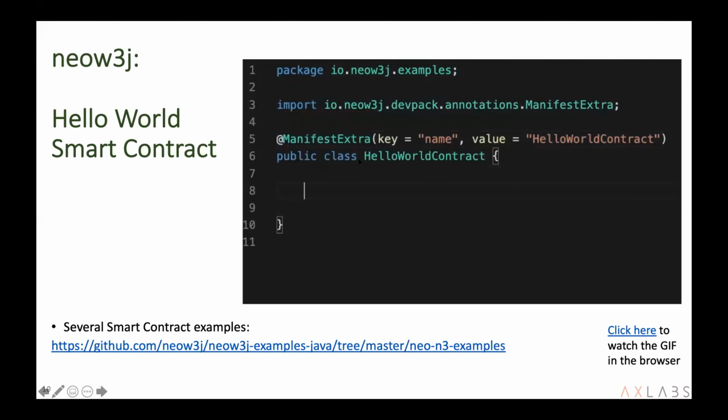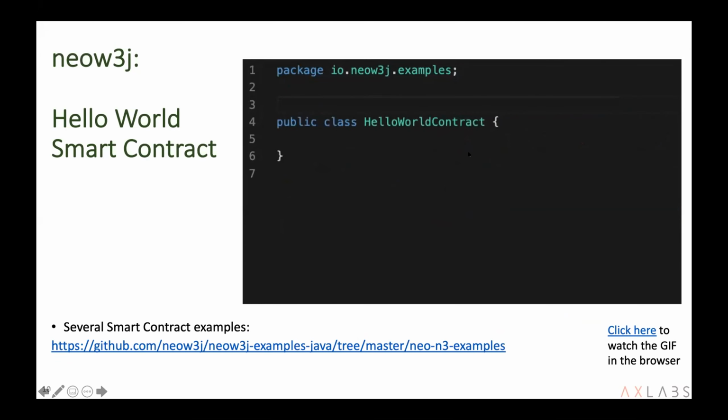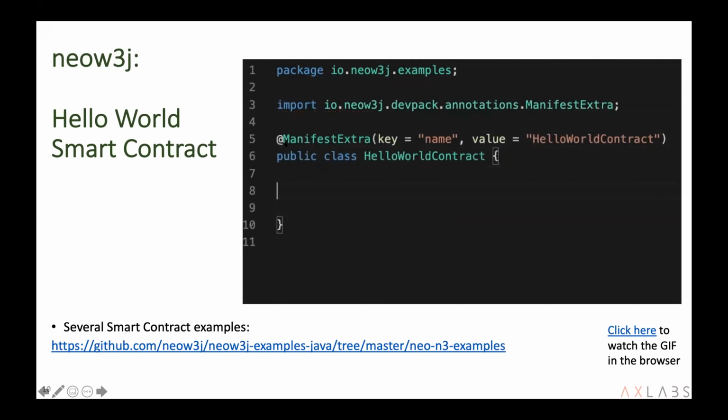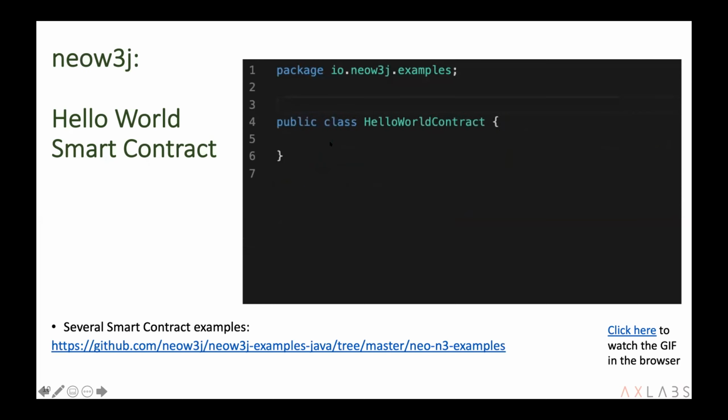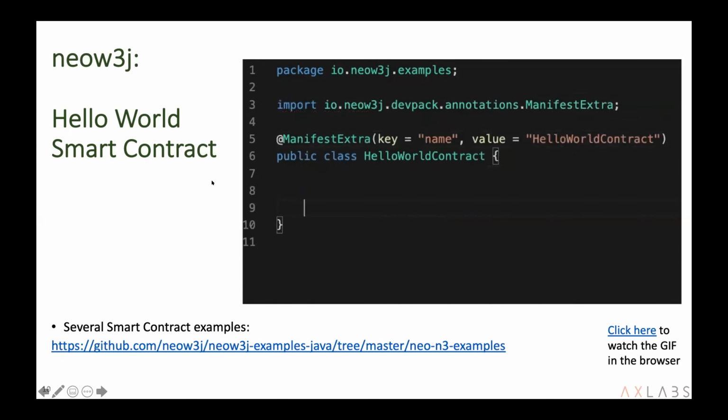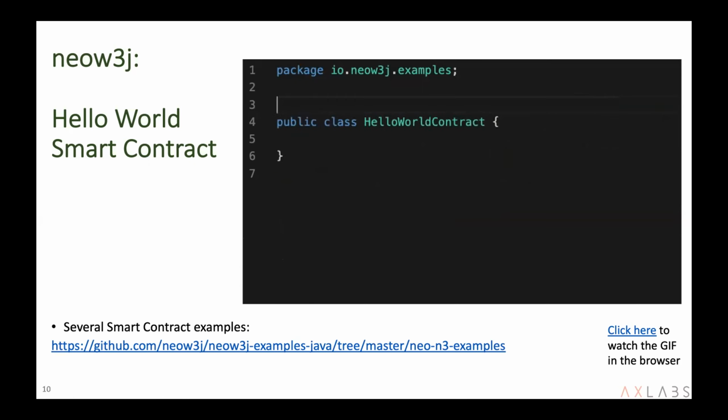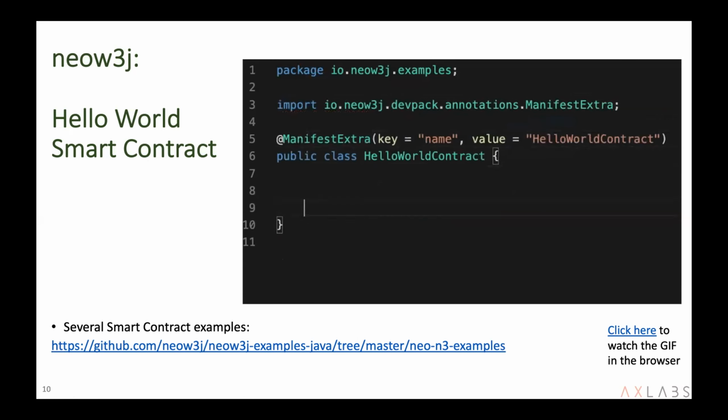On the right is just a hello world. You have a static method called bongo cat. You can also put some annotations to tell what your smart contract is about, what the authors are, the name, and Claude is going to explain a bit further the capabilities of these annotations in Neo3j while developing smart contracts.